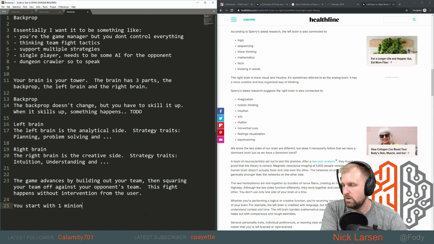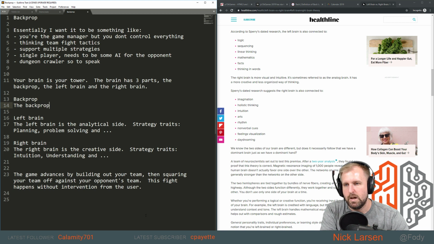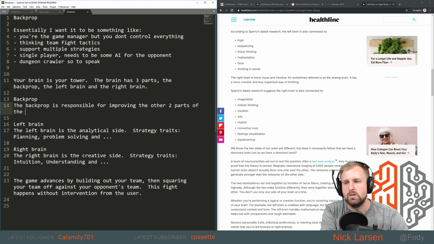The back prop is responsible for improving the other two parts of the brain.